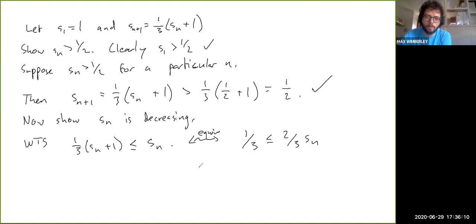That's true if and only if, multiplying by 3/2 on both sides, 1/2 is less than or equal to Sn. So if you want to reverse this, if you start with 1/2 less than or equal to Sn, you can do these manipulations backwards and end up with this one. So Sn is decreasing.